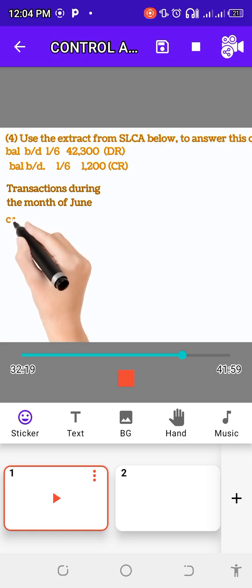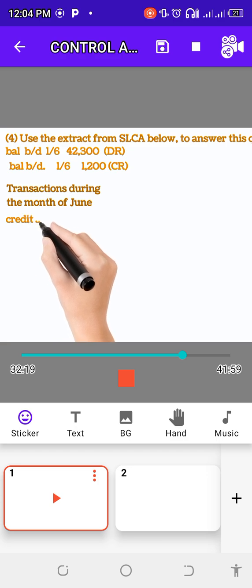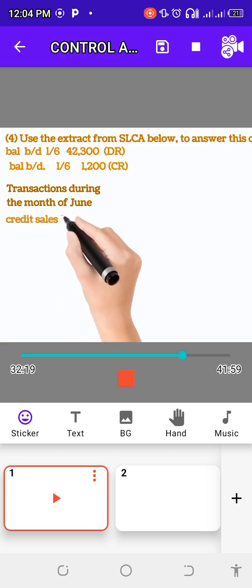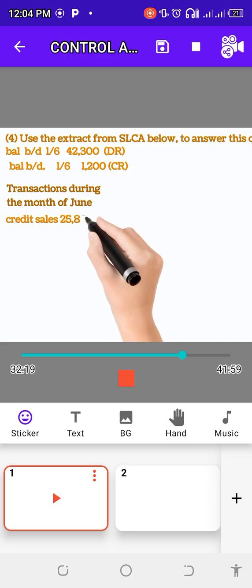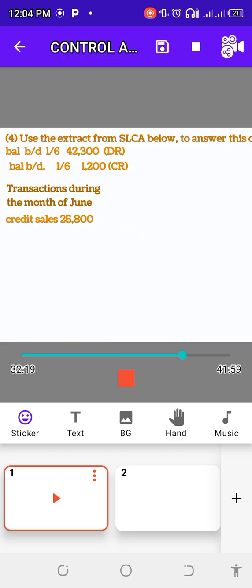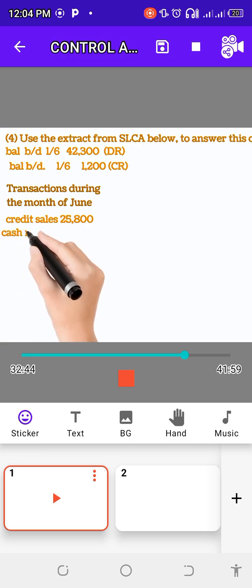Now, the first transaction there is credit sale. This credit sale is 25,800, which is the sales journal balance at the end of the month of June 2024.